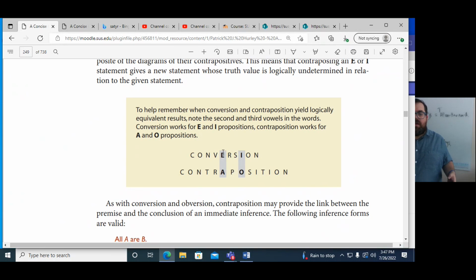So the E and the I keep their original truth value in conversion, and in contraposition, the A and the O are the only pictured ones that have the same picture on both sides, and the E and the I in conversion have the same pictures, right? So those are the logically equivalent statements, and this is a way to associate them together. Contraposition has A and O in it; those are the ones, and the E and the I are also the logically equivalent statements as well.